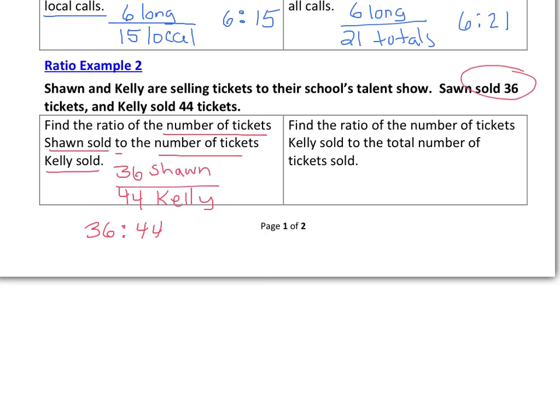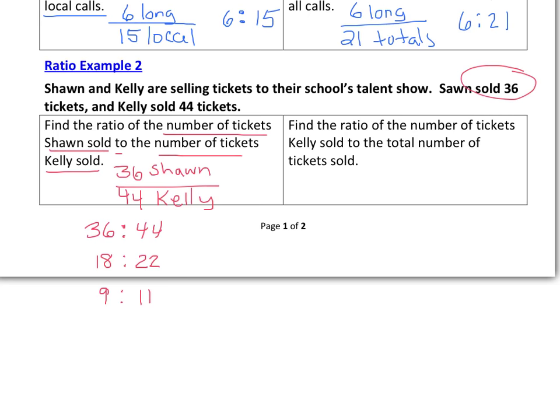And this particular ratio can be simplified. Both are even numbers, so we know we could simplify it by 2. 36 divided by 2 is 18. 44 divided by 2 is 22. Again, two even numbers. We can continue to simplify. 18 divided by 2 is 9. And 22 divided by 2 is 11.